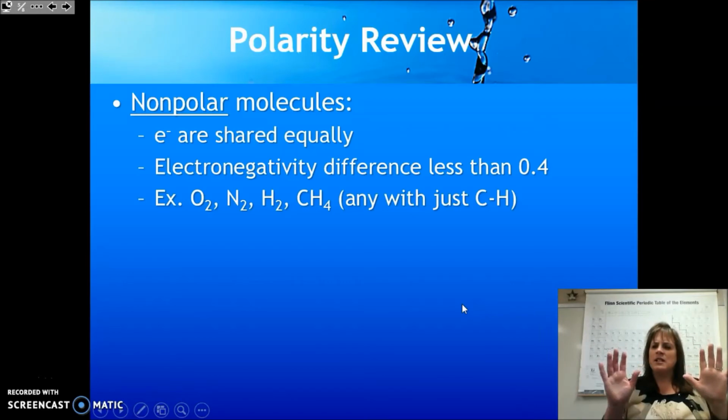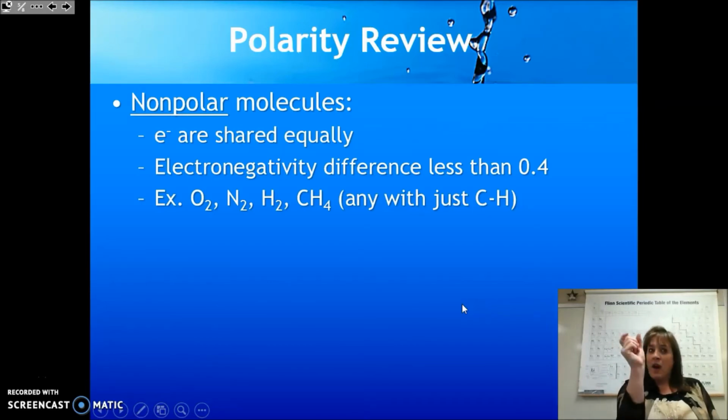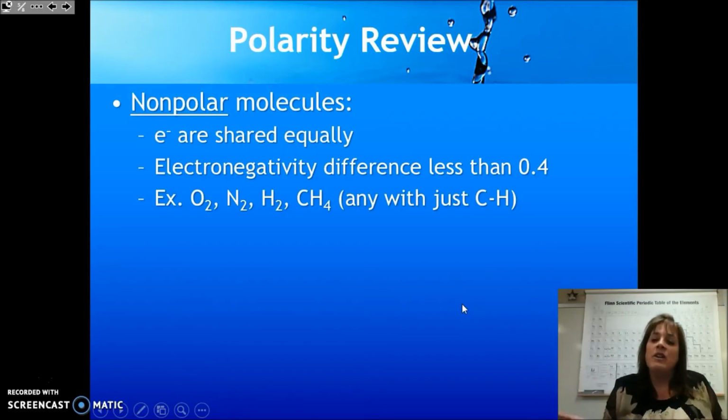Remember on the periodic table, up in the corner, there's an electronegativity value for each atom. If you subtract the numbers of the elements that are in the bond, you find the electronegativity difference. If it's less than 0.4, that makes it nonpolar. So anything bound with itself, like oxygen or nitrogen or hydrogen, would be nonpolar because the electronegativity difference would be 0.